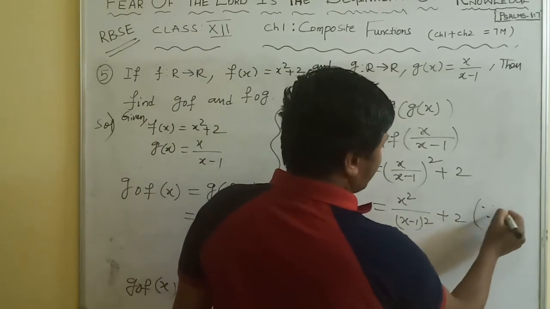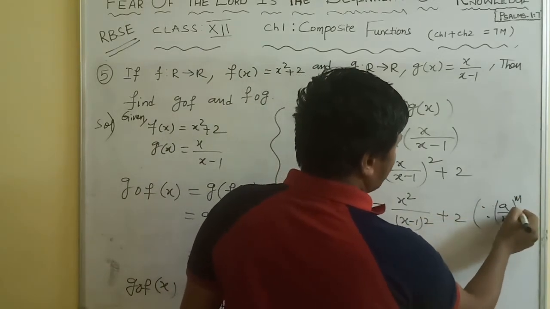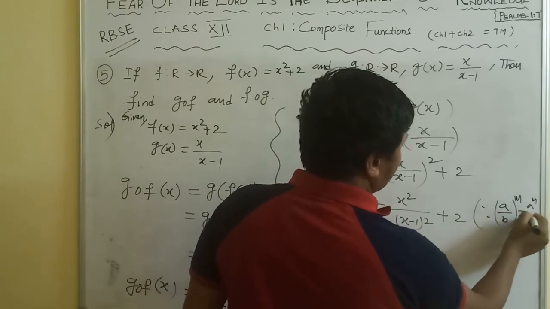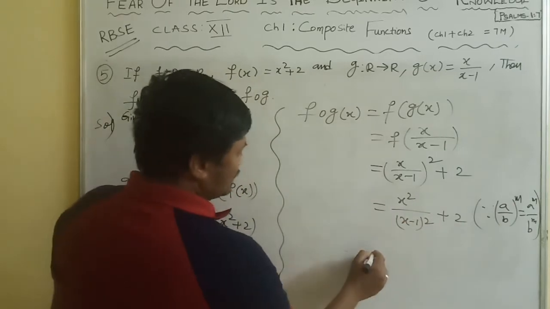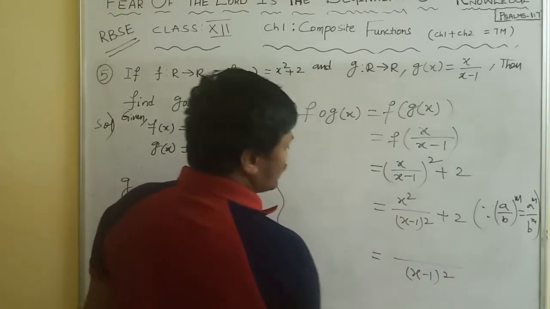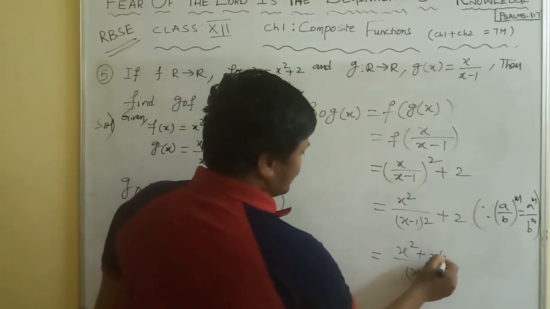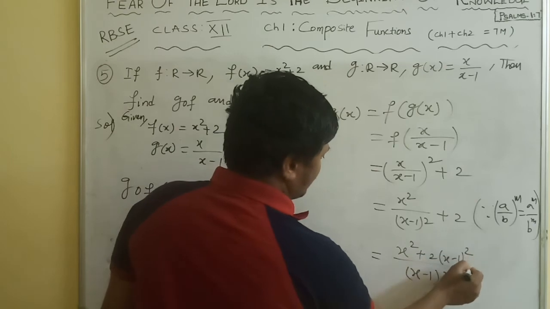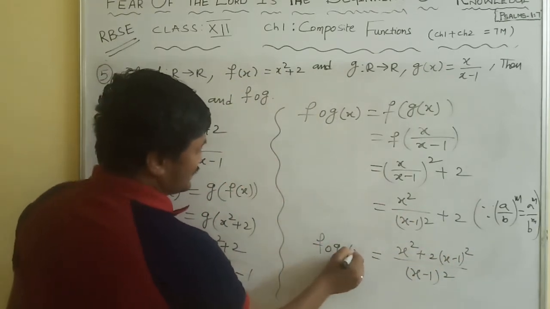So here I'll write a upon b whole power m is equal to a power m upon b power m. So by using that, now LCM take x minus 1 whole square, x square plus 2 into x minus 1 whole square. If you want to simplify more, you can write up to this.